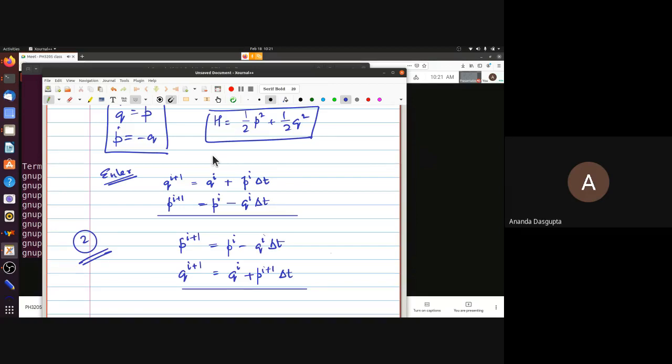I'm asking for the exact solution. So it should be a circle, because of energy conservation, right? This has to be equal to a constant as time evolves. So P squared plus Q squared is a circle whose radius is the square root of twice the energy.